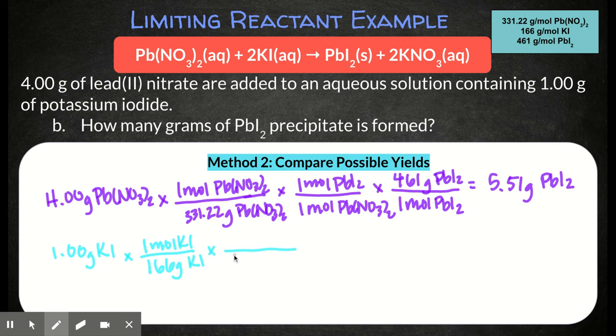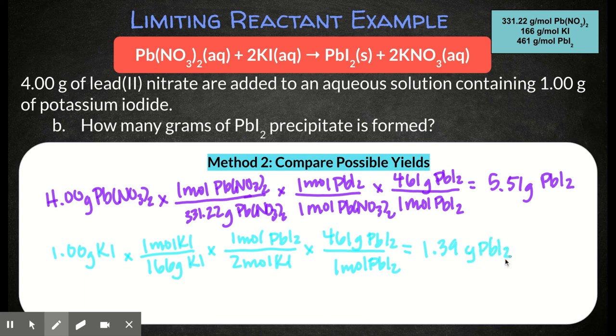And using my mole ratio, 2 moles of potassium iodide will create 1 mole of PbI2. And 1 mole of PbI2 is 461 grams of PbI2. Notice it's very similar across these. These are even the same last step using our molar mass, mole ratio, molar mass. And so if I calculate this out, I'll get 1.39 grams of PbI2.